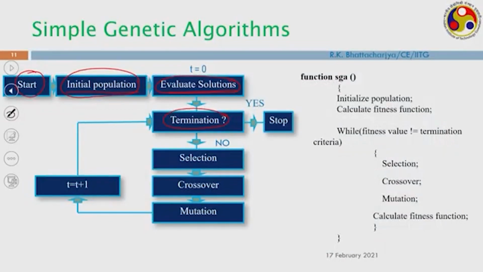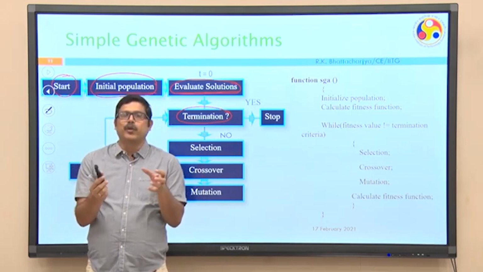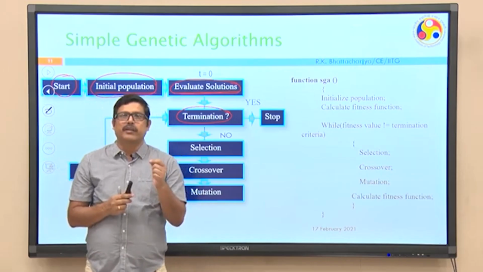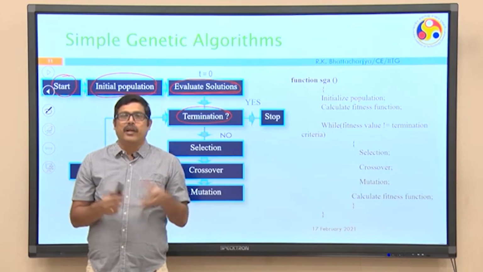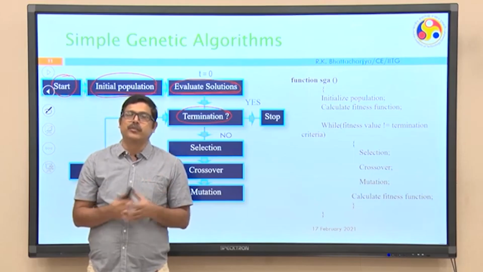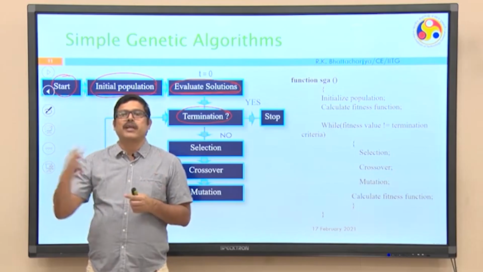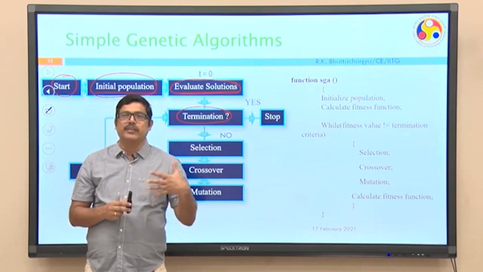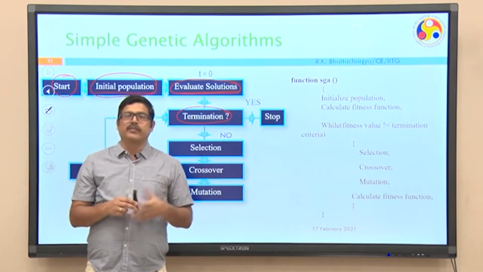Apart from iterations, there may be other termination criteria. You have a population of solutions, and there is a best solution in that population. Say you have 50 solutions, and one of them is the best solution. Now suppose this best solution is not changing for some generations, say 10 generations or 50 generations.